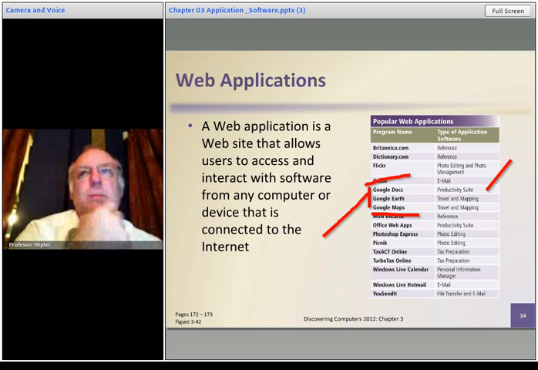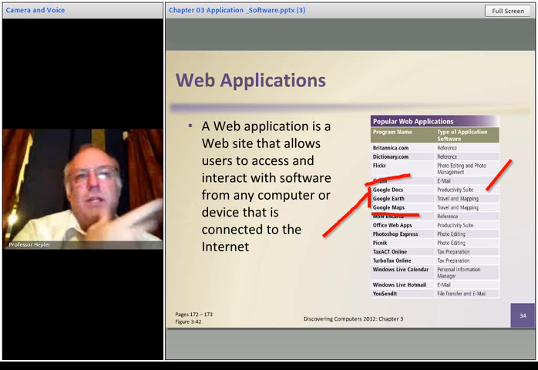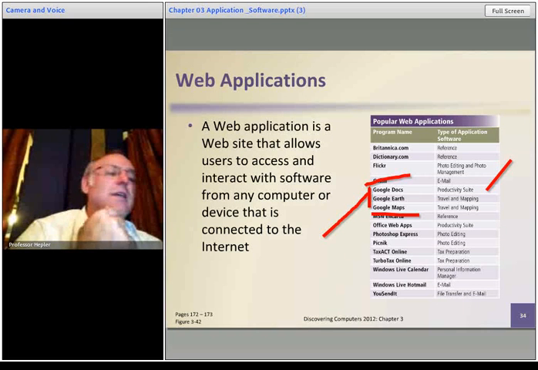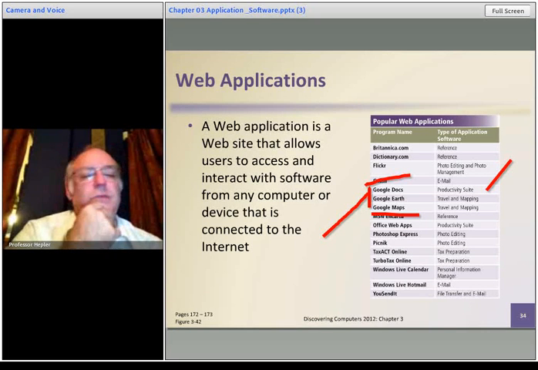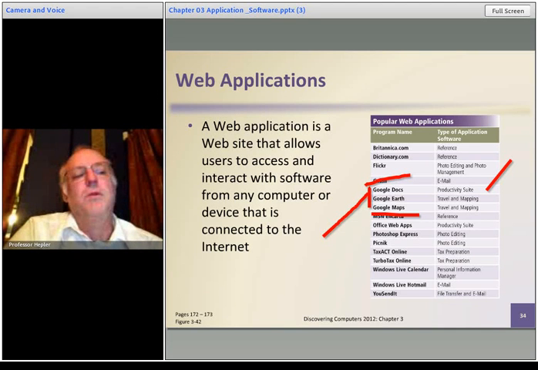You can have a group of people working on a document, and all access it from Google Docs, and you all can make changes, and you can work on it together. It's the future, and of course, we're going to continue to move in that direction because it just makes sense. You're going to have less need for hard disk and local programs as we move down the road.